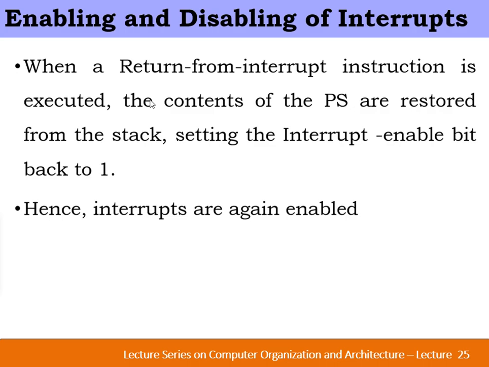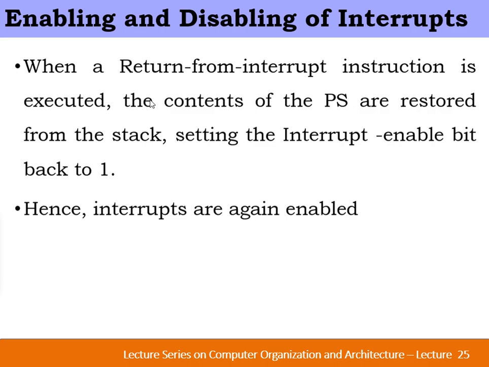Executing the return instruction means the things which were saved will be retrieved back to the particular registers. So the contents of the program status register which were stored on the stack will be restored to the program status register. This makes the interrupt enable bit equal to 1.